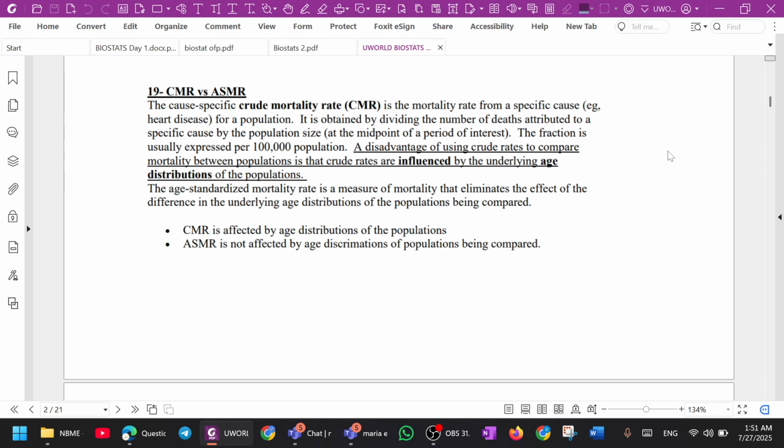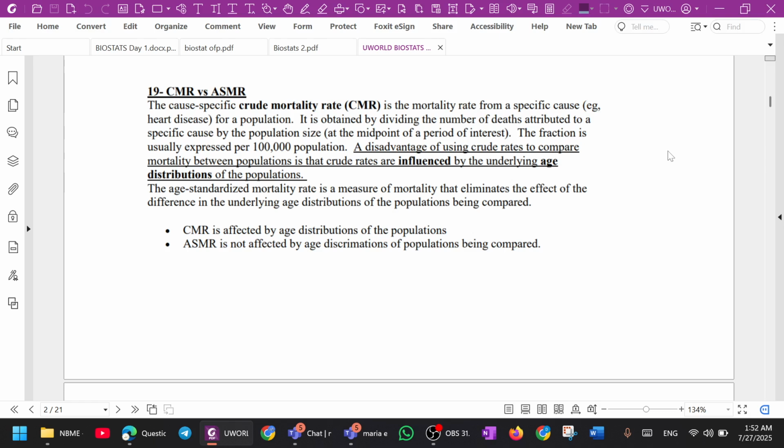It is obtained by dividing the number of deaths attributed to a specific cause by the population size at the midpoint of the period of interest. The fraction is usually expressed per 100,000 population.